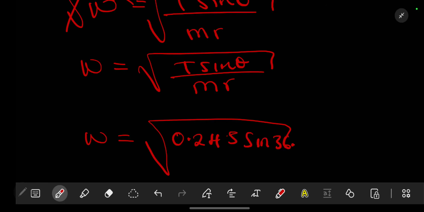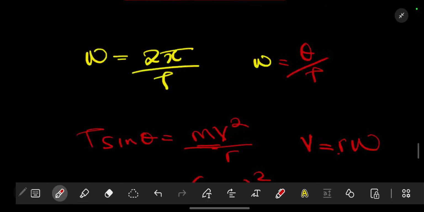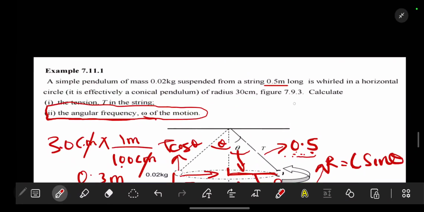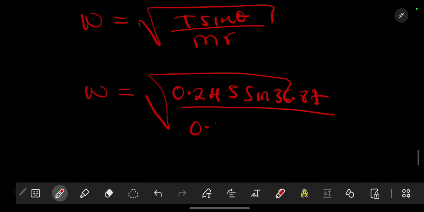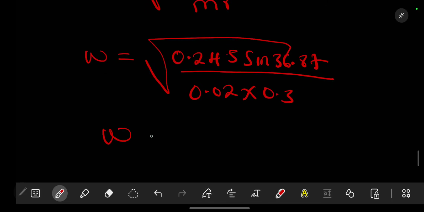We found it to be 36.87 over our mass. What is the mass? The mass of this is equivalent to 0.02. So we are going to put 0.02. Then the radius was 0.3. So we have our w should be equal to the root of 0.245 times sine of 36.87.